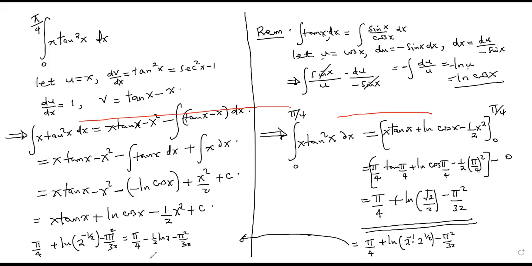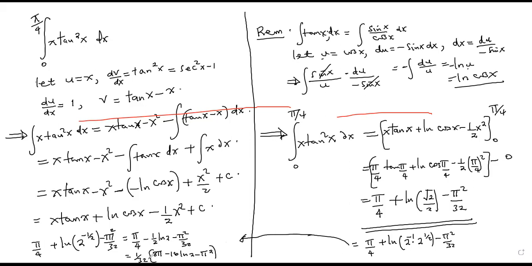After this, I can factorize out 1 over 32. When I factorize 1 over 32, I need 8 to make 32. So I will say 8 pi minus 16 ln 2, then of course minus pi squared.